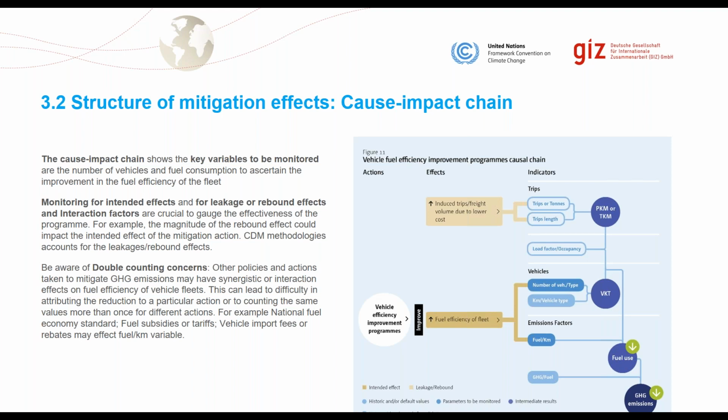If you're looking at fuel efficiency, for example, an important thing that we need to be monitoring is to ensure that we are able to gather the data to justify the impact of the mitigation action.